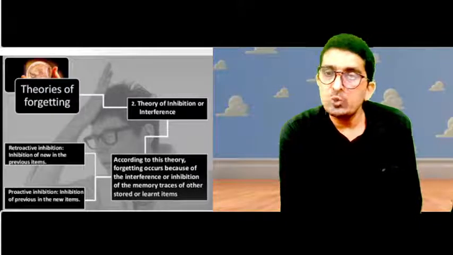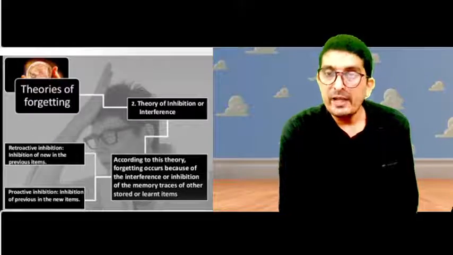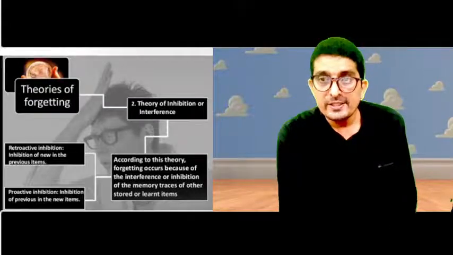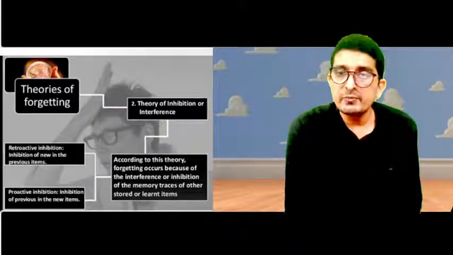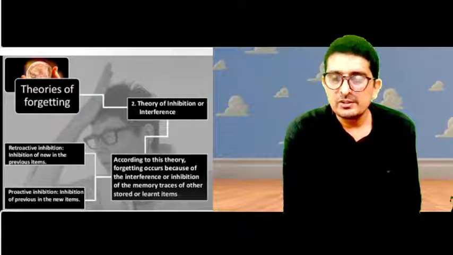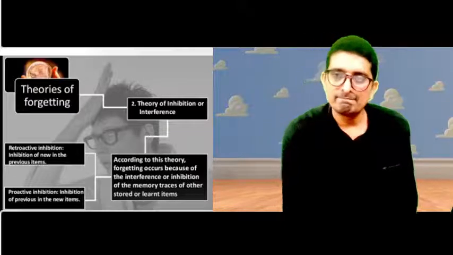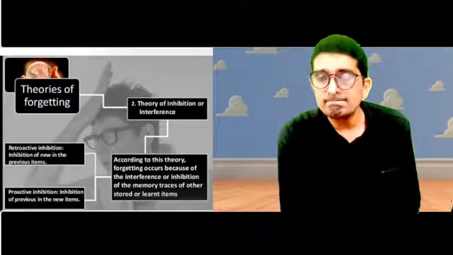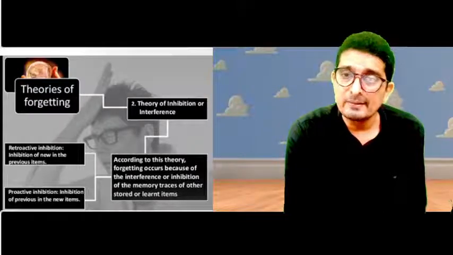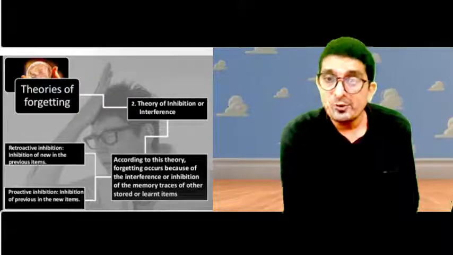The old word is put. And when we learn the new word cut, and after that when we see the word put, we happen to say but, because the new item is interfering with the old item and we are forgetting the old item. That is retroactive inhibition.